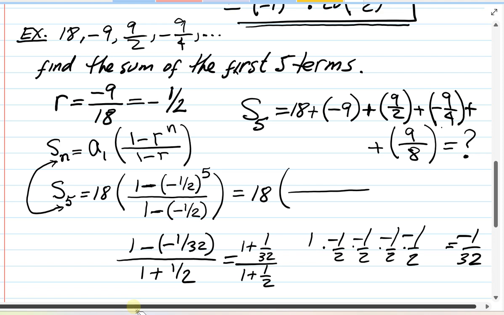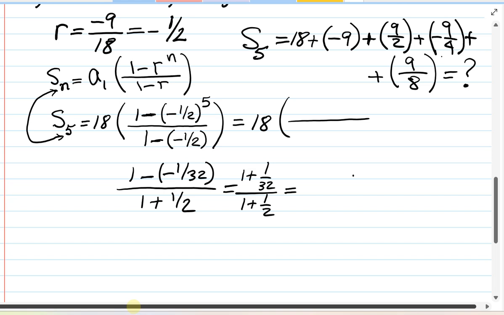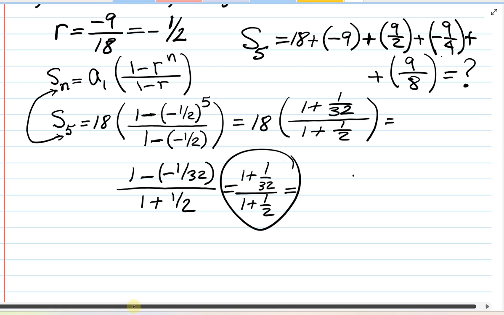True? Now, let's see how we're going to do this. One thing I could do, because again, I seldom use a calculator. Let me write down first of all what I have here. So that's 1 plus 1/32 over 1 plus 1/2. Now, this fraction is what we call a complex fraction.